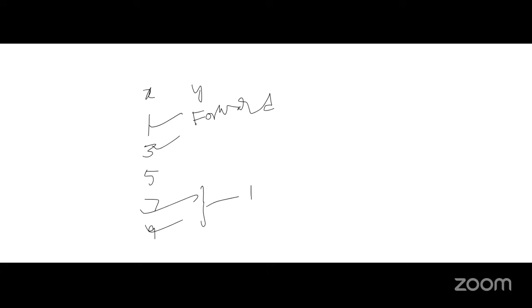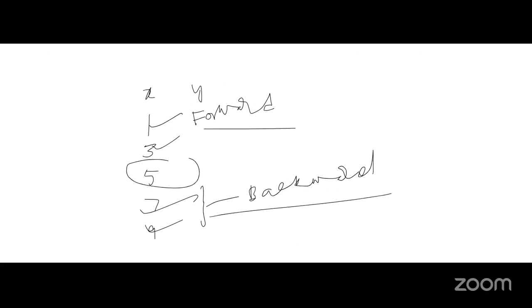For x and y values 1, 3, 5, 7, 9: for these two, we have to use the forward, and for these two, we should use the backward. And for the middle one we can use the central differentiation formula. So that is different. Now you understood? Okay, and now we'll go to the problem.